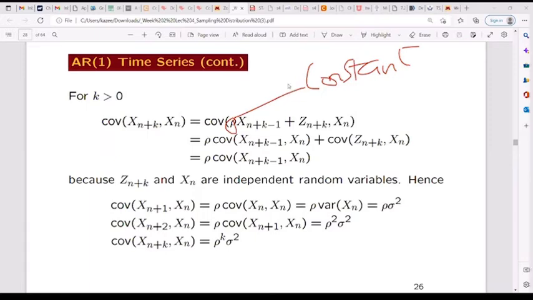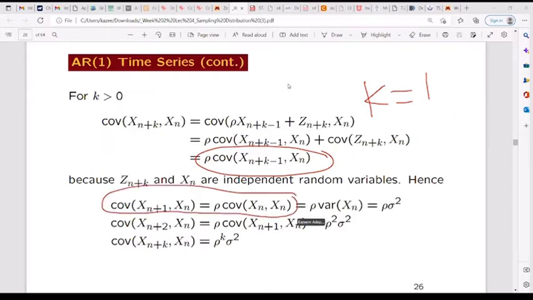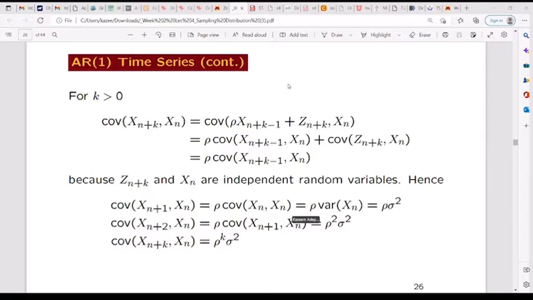So the next thing I want to say is, if you have this, when you plug in k equal to 1, you're basically going to have this. From here, k equal to 1, you're going to have Xn. And when you have the covariance of the variable that is 0 apart, that's a variance.